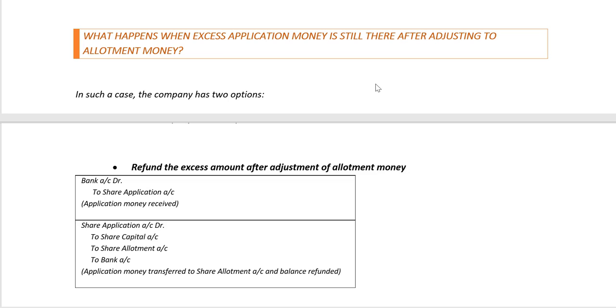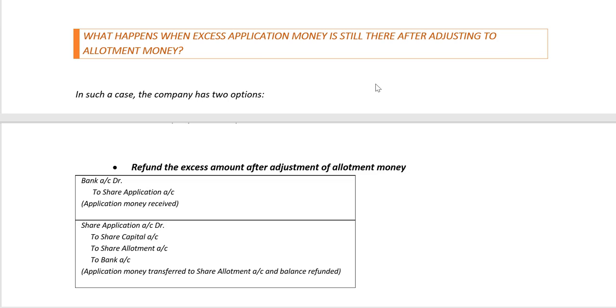So the journal entry at the time of application money received, bank to share application account, and at the time of transfer to allotment and refund of the excess amount, the journal entry: share application account debit to share capital account for the application money towards the share allotted, which is transferred to share capital.